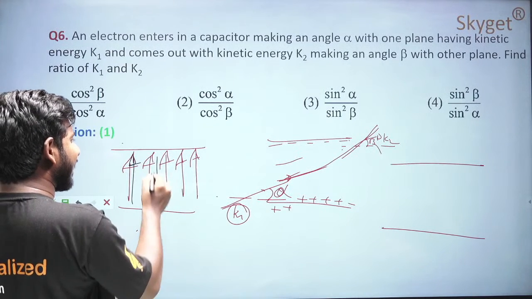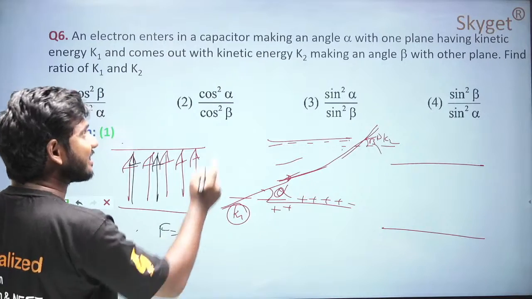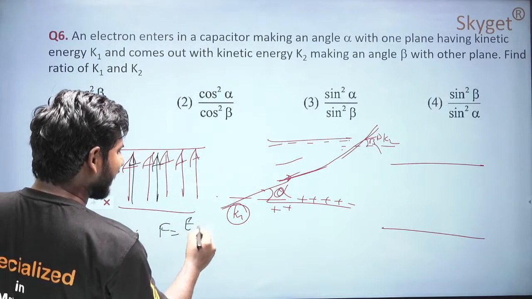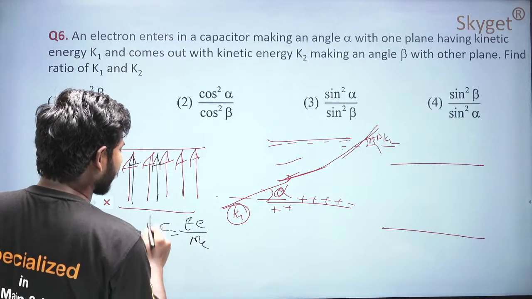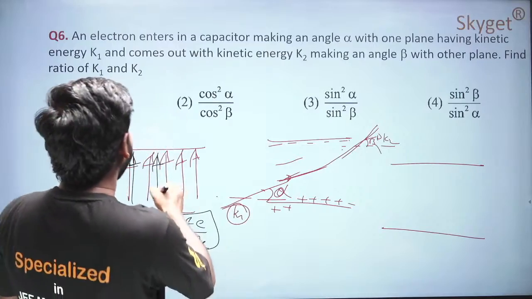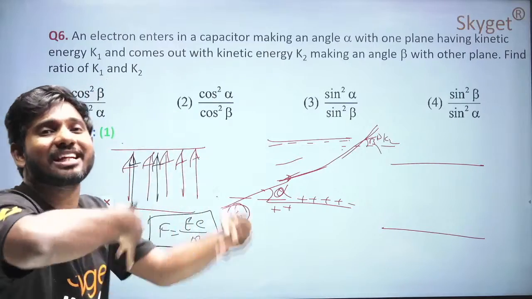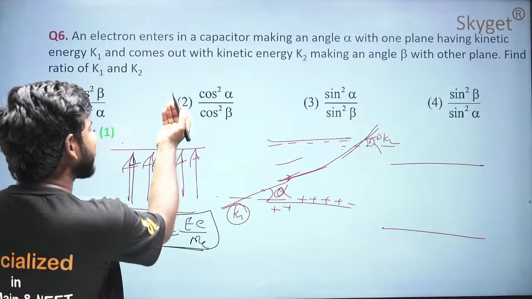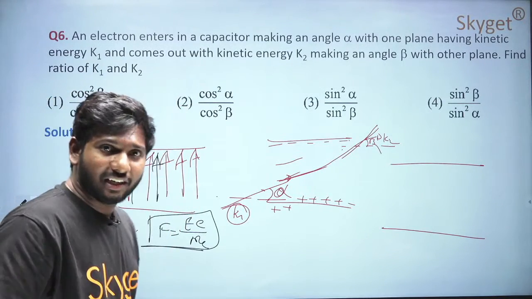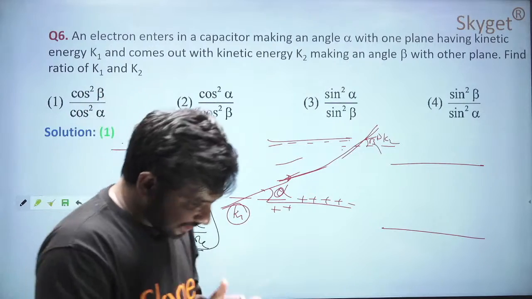But what happens is, along the direction of the electric field, there will be a force on the electron, that is eE, and acceleration eE by the mass of the electron, in the direction opposite to the electric field. That means if the electric field is in this direction, the electron's acceleration will be in the opposite direction. So what happens here, students?